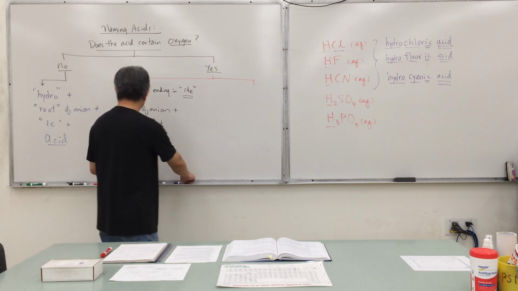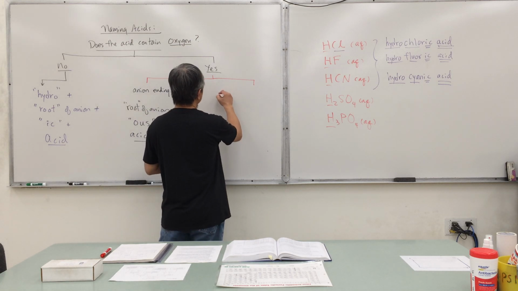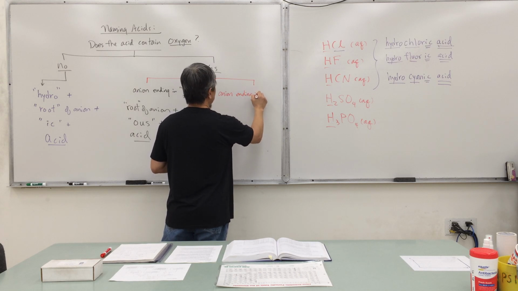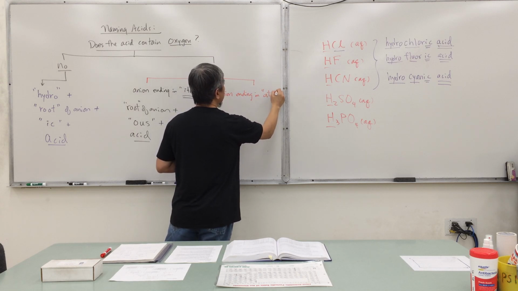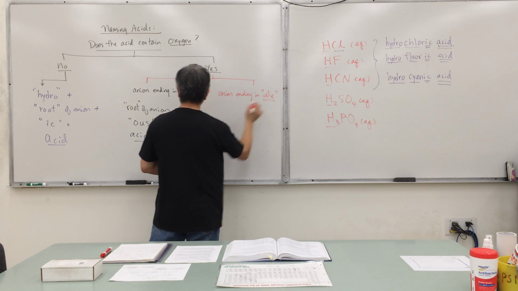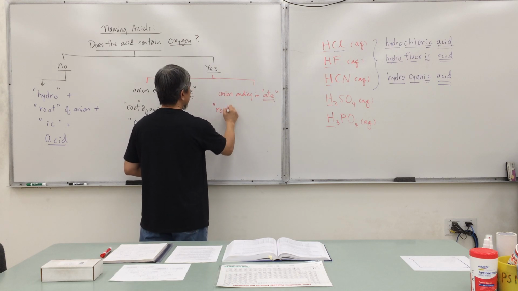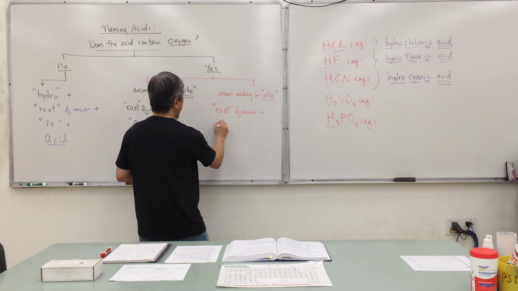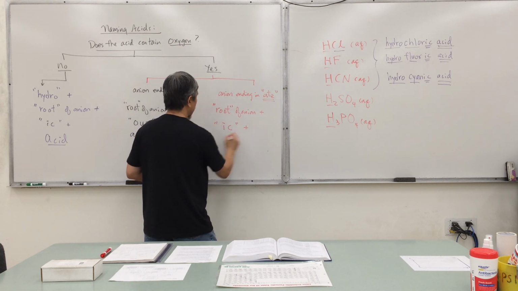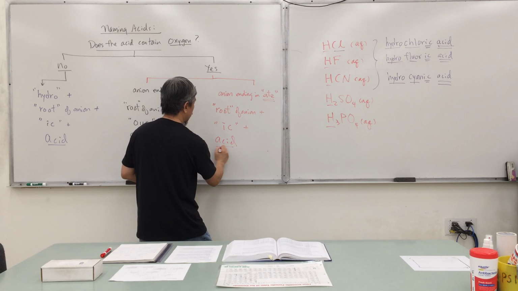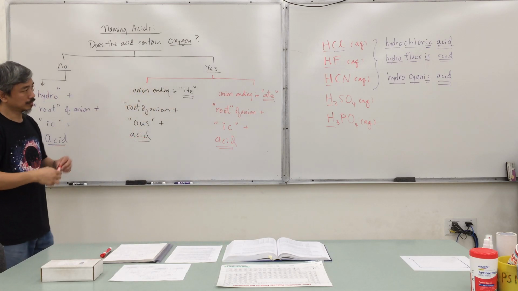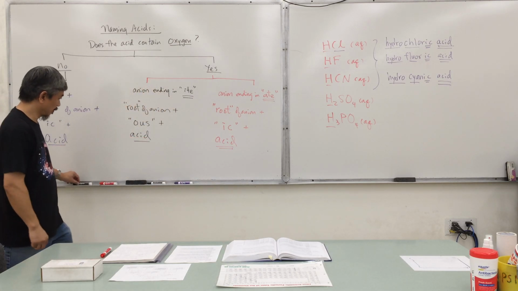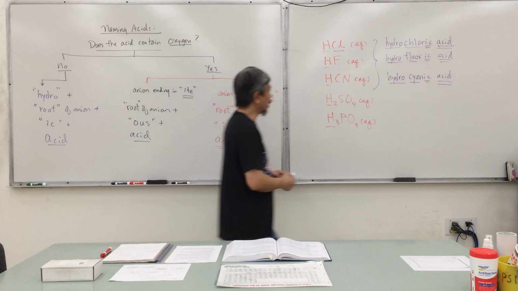On the other hand, if the anion is ending in ATE, then again we use the root of the anion, add on to that the IC ending, and then acid. So let's see what happens over here.